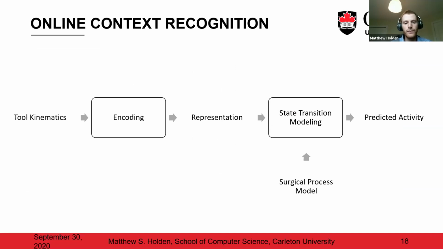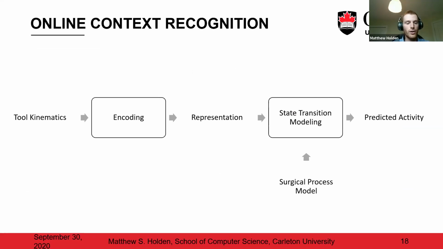And so effectively what we do is we use the following type of pipeline. Again, as I say, I'm primarily interested in tool motion or tool kinematics data. So what we try to do is somehow encode our tool kinematics data, which is effectively a time series that we collect over the course of an intervention.